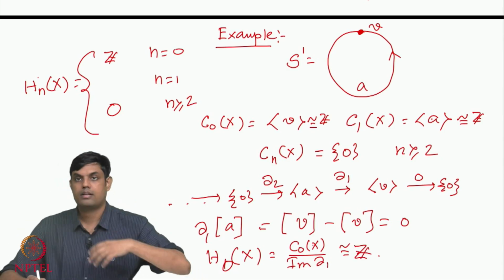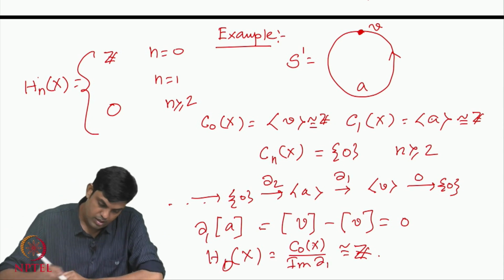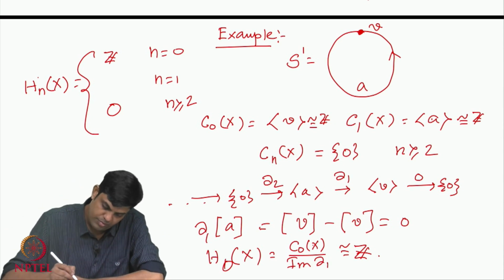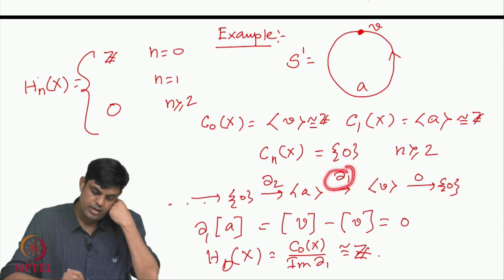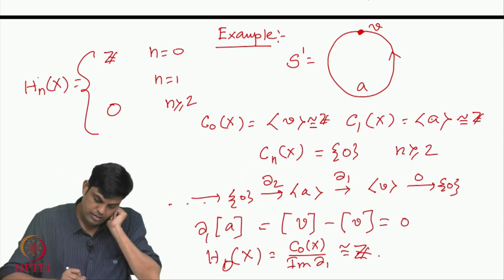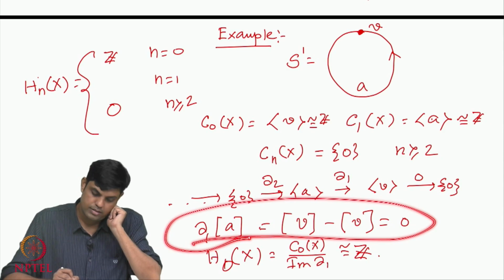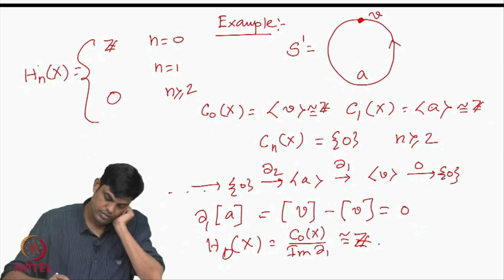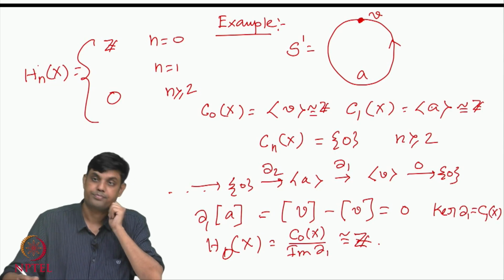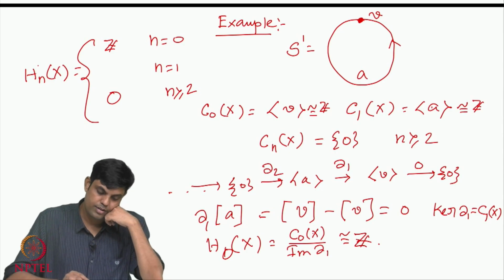Now, let us look at H1. Okay. So, I am looking at the stop which is C1 now. Okay. So, I have to compute the kernel of delta 1 and image of delta 2. Delta 1 is a 0 map. So, the kernel of delta 1 is everything. So, the kernel of delta 1 is exactly C1 of x. Okay. Delta 2 is a 0 map.